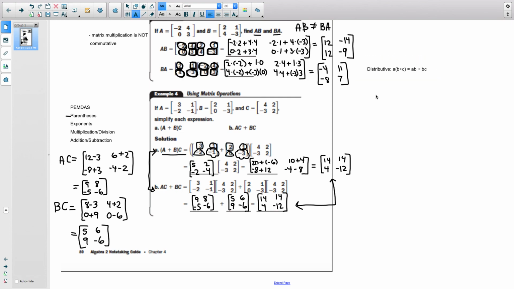All right, so what you need to know is that distributive property is true for matrix multiplication. So even though matrix multiplication is not commutative, here with matrix multiplication, distributive property does still work. So not commutative, but you can still perform distributive property.